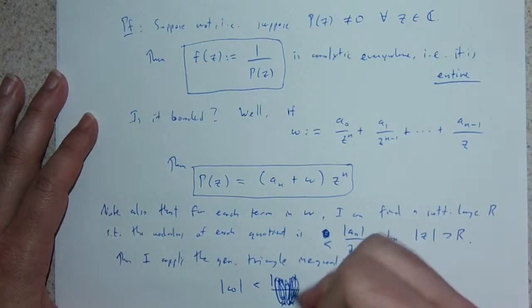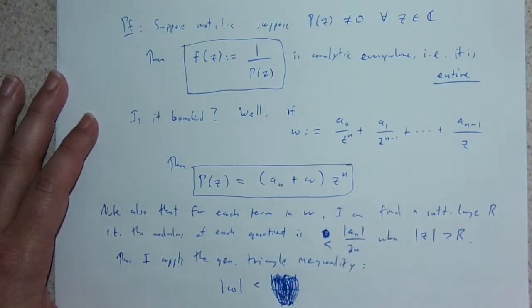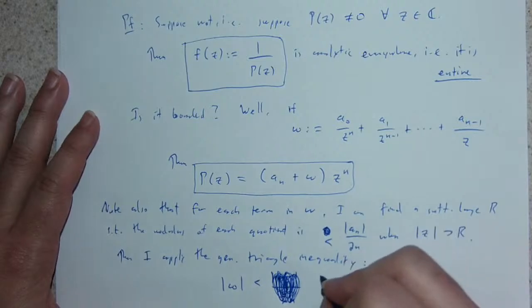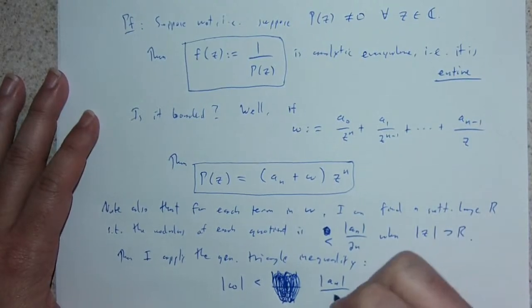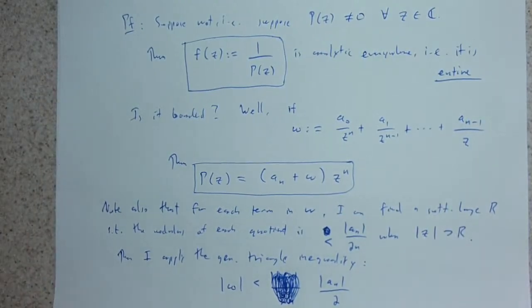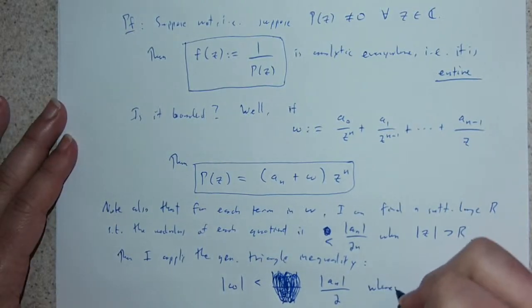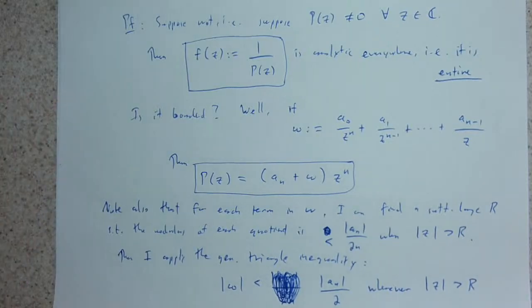I can actually get rid of the dependence on n in the denominator here. So this is strictly less than the modulus of a sub n over 2, whenever z is exterior to that circle of radius R.